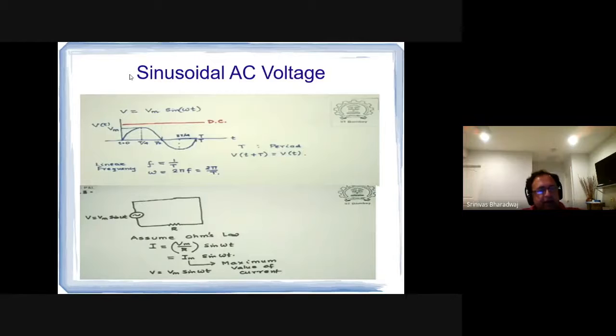It is, I think, 60 hertz in India. The peak voltage is 220 volts, or maybe the RMS is 220. Here we have 110 volts. The voltage is less. The peak voltage is 110 volts, and the hertz is also 50 hertz.